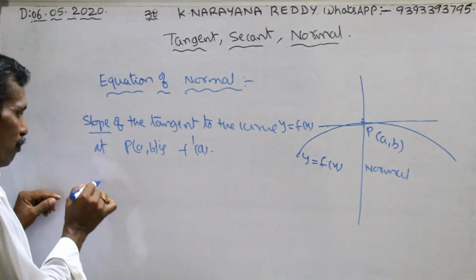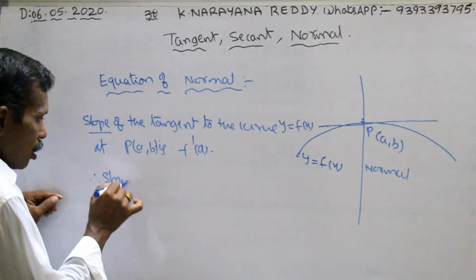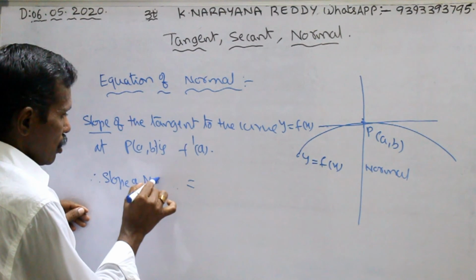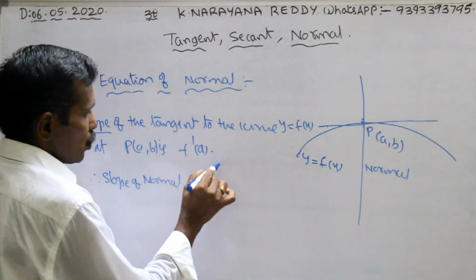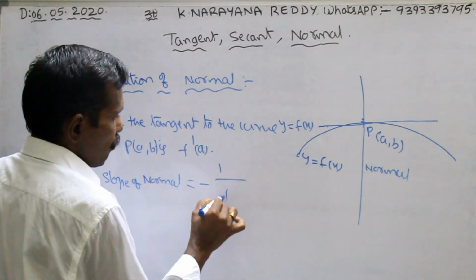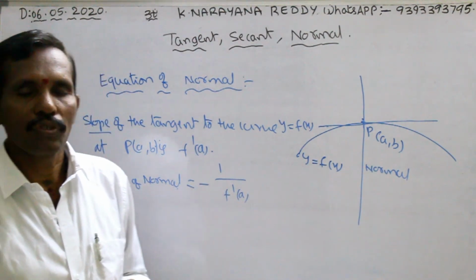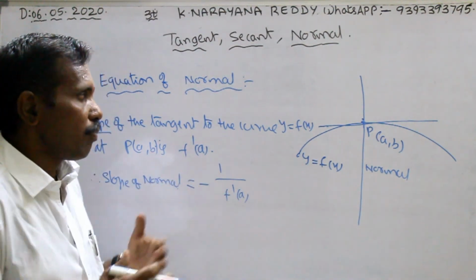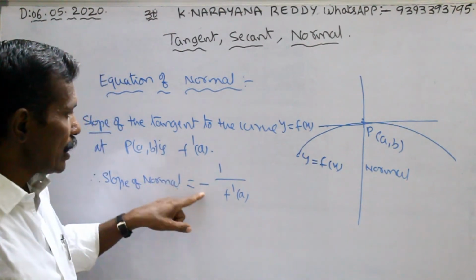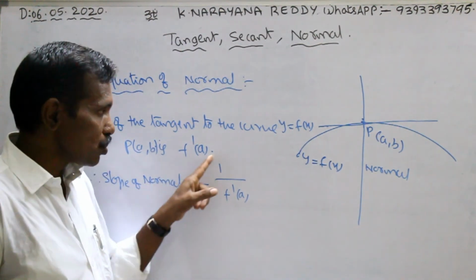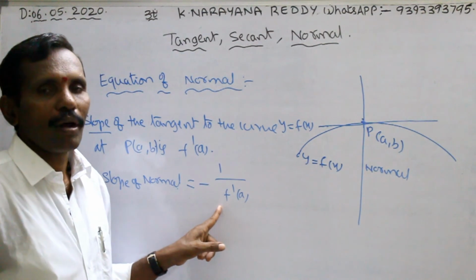So therefore the slope of the normal equals minus 1 by f dash a. You know that. Already told in coordinate geometry. What is the slope of a perpendicular line? So minus 1 by f dash a. This is the slope of the normal line.